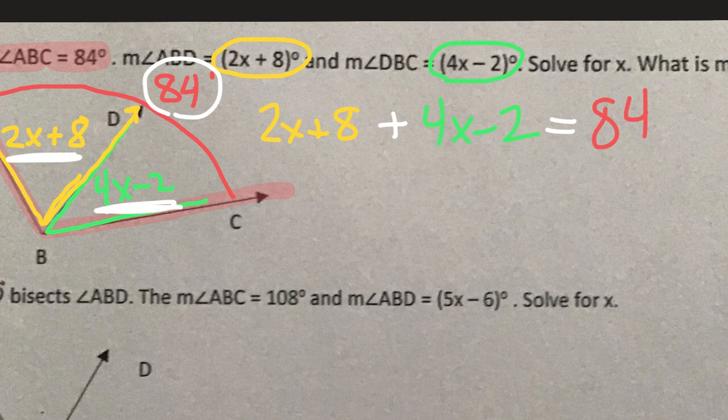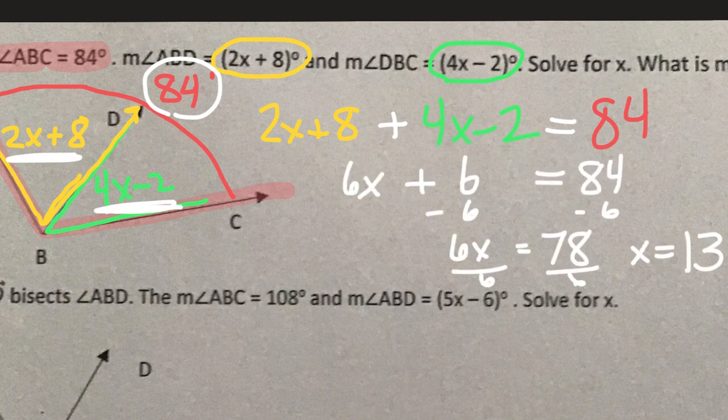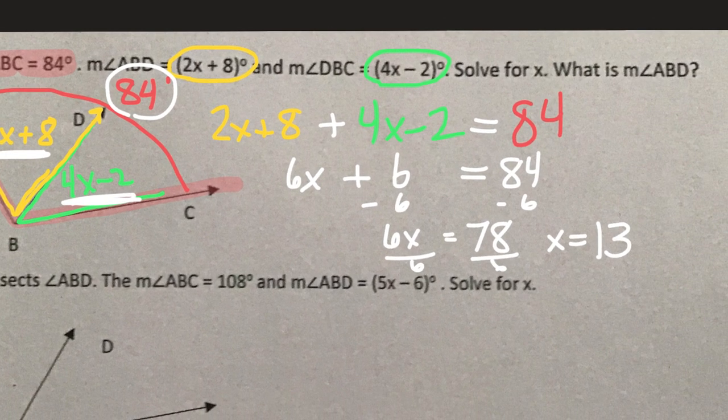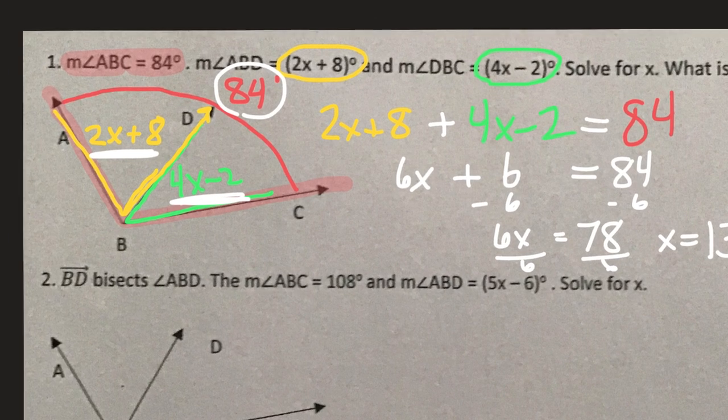Now we have our algebra that we need to solve, and we'll solve it for x, like we're asked to do. Take a moment, pause the video, and solve for x. You should be getting that x equals 13 when you solve this equation. Now we have to answer our last question: what is the measure of angle ABD?